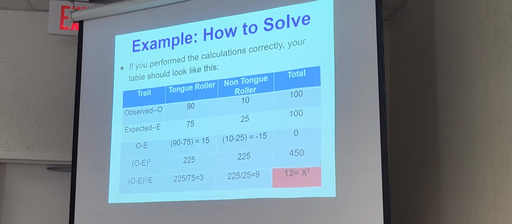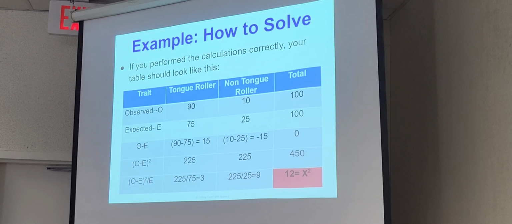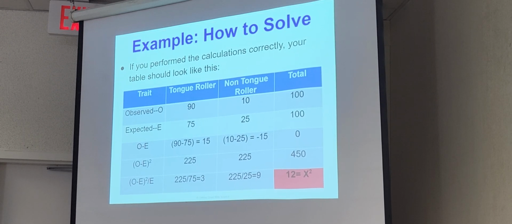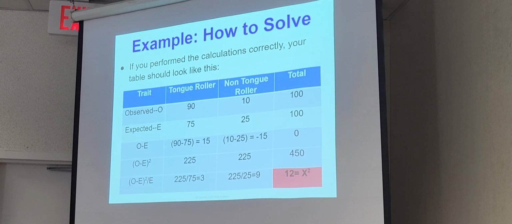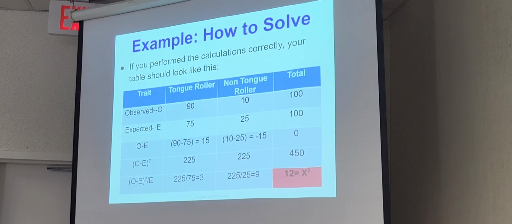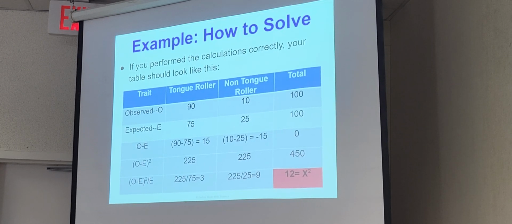Number 3 is divide step 2, or you could just do step 2 divided by column B. So this here divided by column B. Step 4 is you add them all up. That's it, that's all we're doing.